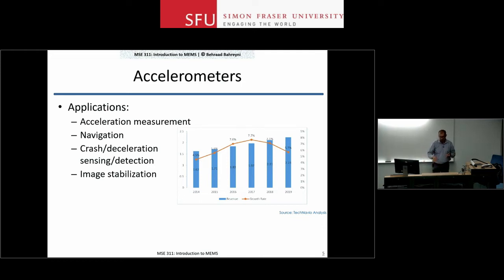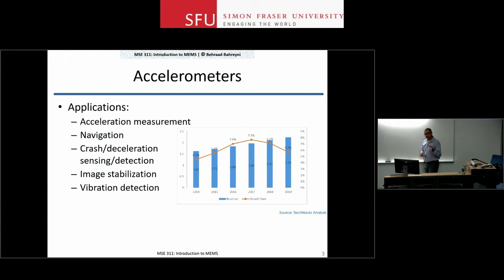And you want to move either the optical elements or the sensor itself in response to whatever is moving the camera, right? So it could be the shaking of the hand. Another example of image stabilization could be on a drone, right? You have a drone flying around with a camera taking images or recording video of something, and you need to make that as stable as possible so that your image is not moving up and down all the time.